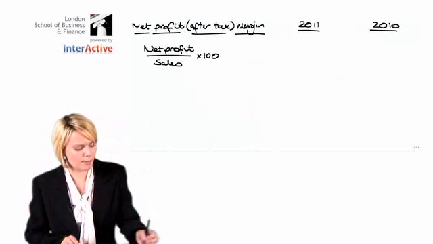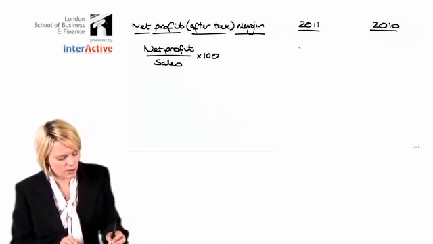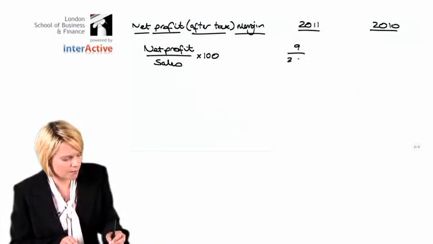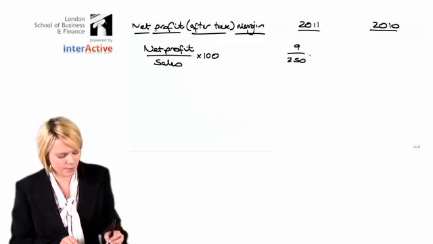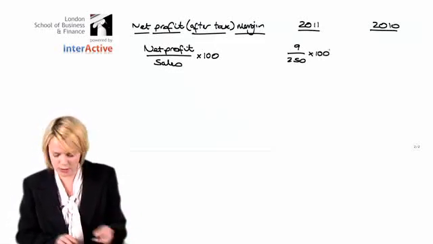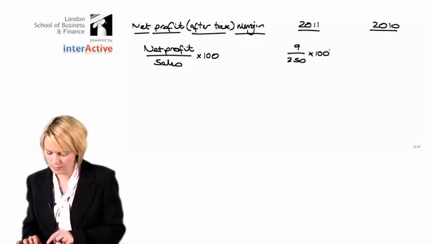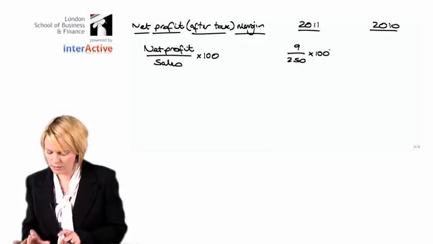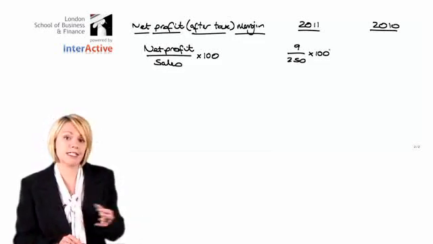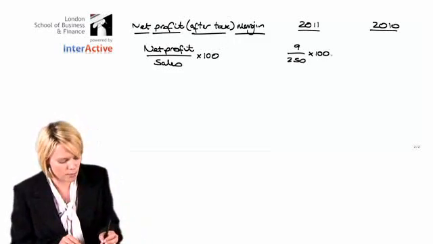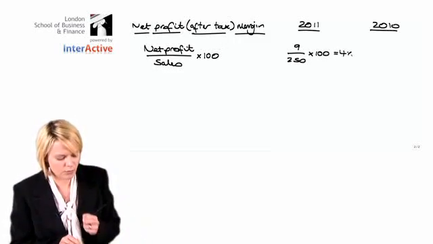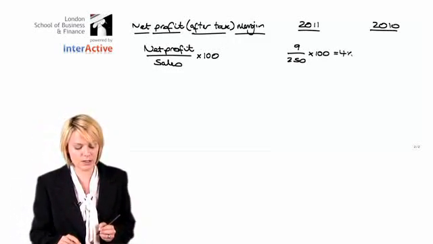So, net profit then, 9 over 250 for 2011, times it by 100. And that's going to give us 3.6. We'll make that 4. Just round that to the nearest percentage point.